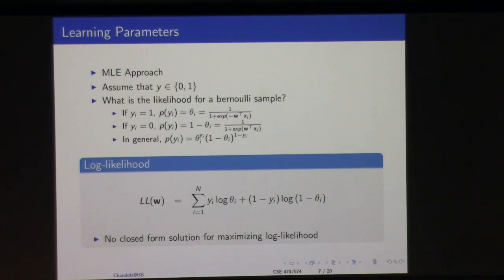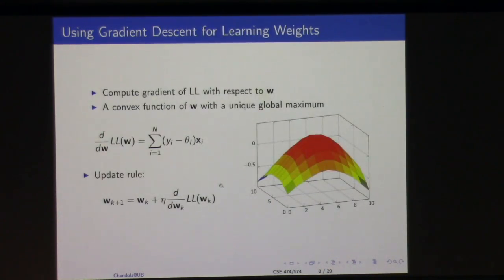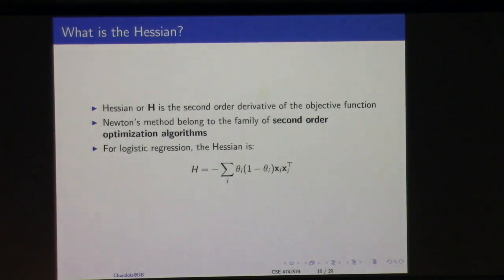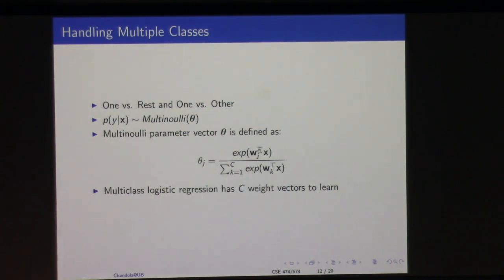But the point is that you can compute the log likelihood, and once you know the log likelihood, you can do the gradient descent way, or you can incorporate the Newton method by computing the Hessian. So you can do everything. It's the same principle applied to a slightly different likelihood function.